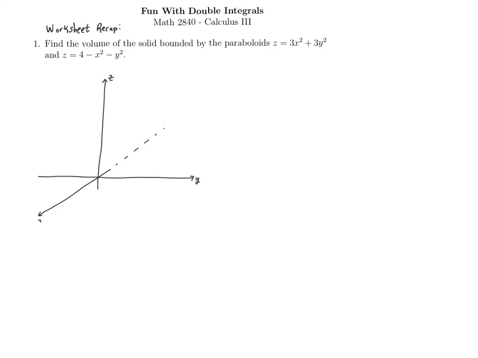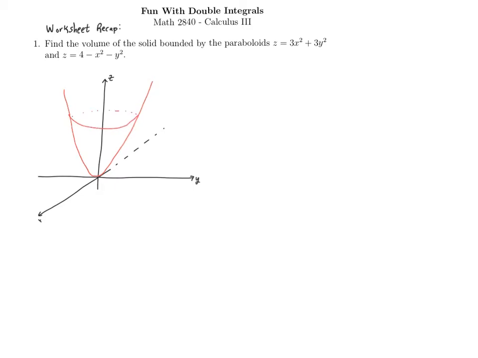So let's sketch these paraboloids, and you can go about this using the method of traces, thinking about x equals 0, y equals 0 traces, or if we just talk our way through this: in either case, if the 3y squared or the 3x squared is not present, you would have a parabola opening up around the positive z-axis. And that's exactly what we have. So it's a paraboloid opening upward, having its vertex at the origin, something of the shape given here.